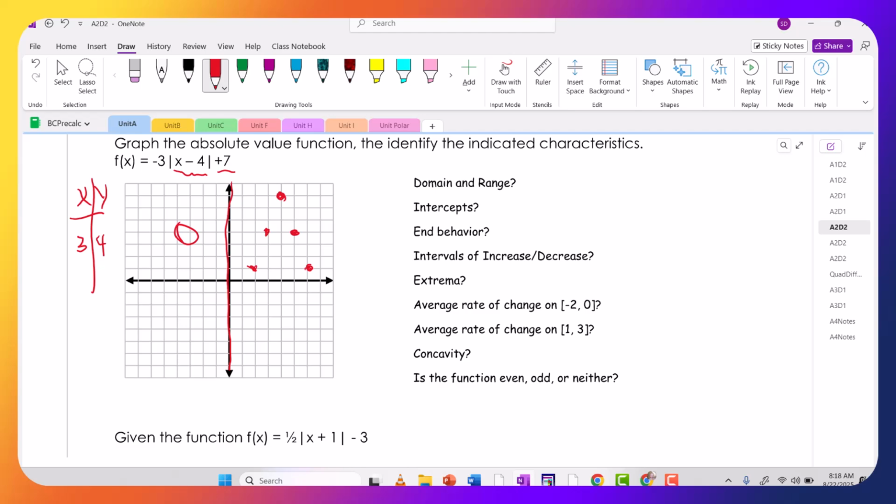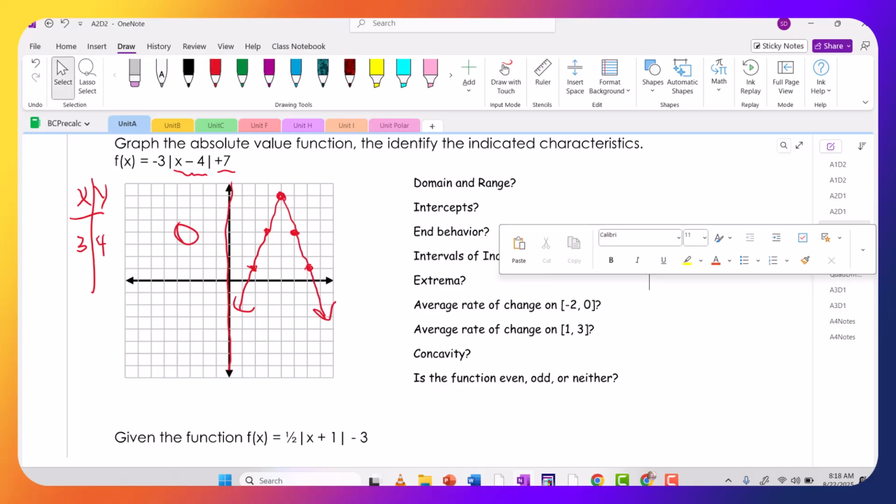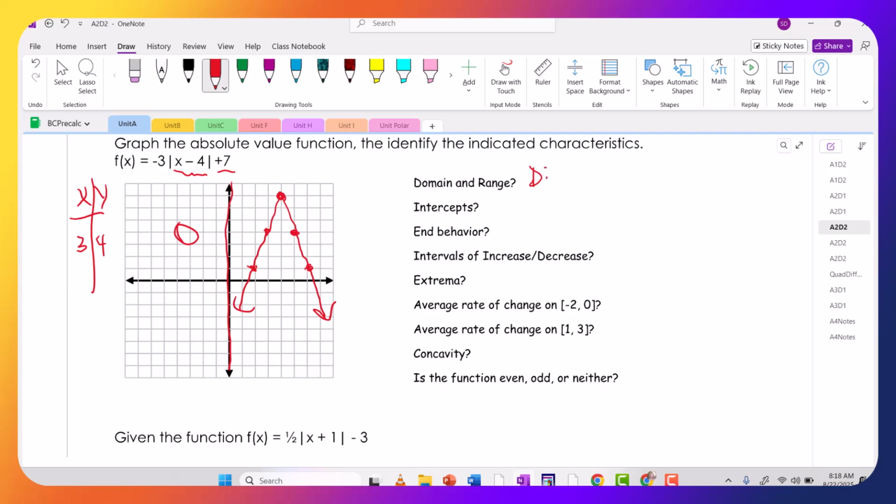All right, so domain and range. Oh, here we go. Let's get this bad boy or girl, depending on how you feel about graphs, finished off. So what's the domain? All real numbers. I can plug in any single number I want and make this happen. I don't know if I have time to do all these domain and range issues. Time check.